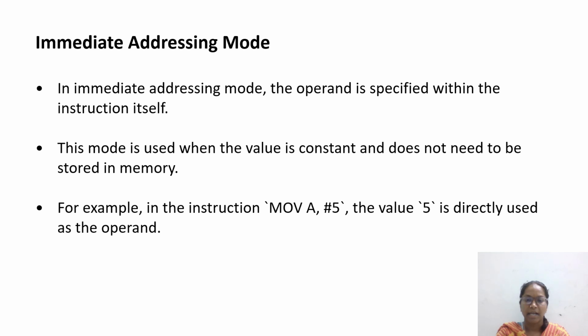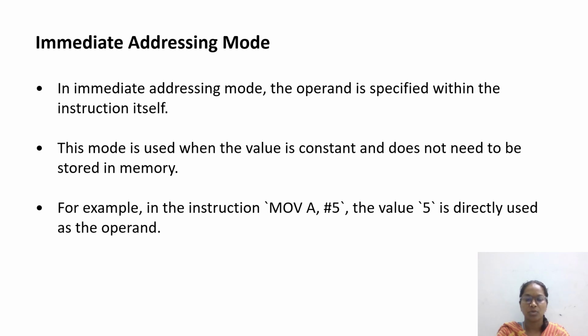Next, the types of addressing modes. One type of addressing mode is the immediate addressing mode. In this mode, the operand is specified within the instruction itself. We give the operand directly in the instruction.